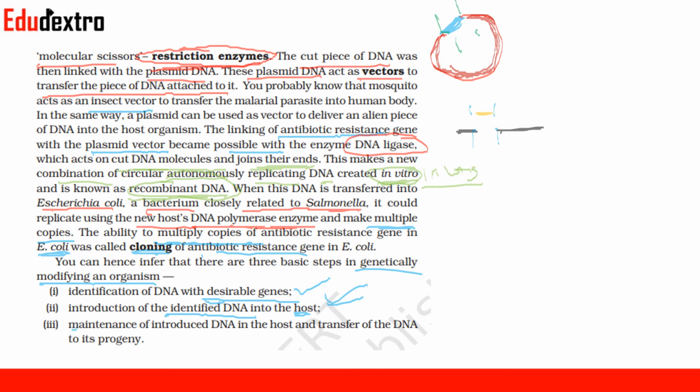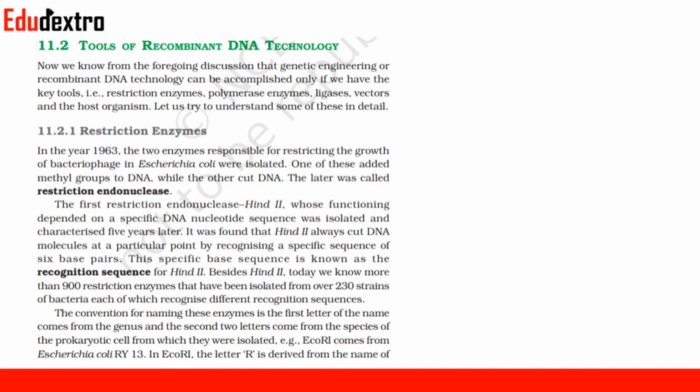And thirdly, we have to maintain the introduced DNA in the host and the transfer of the DNA to the progeny. So this is what we have discussed so far, and these are the three basic steps required in genetically modifying an organism. Okay, so now we are going to see the tools of rDNA technology.